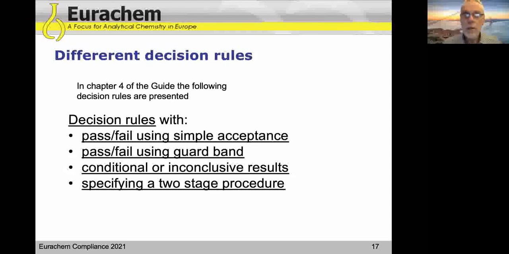This can, in many cases, be very good to have, but of course you may need to do something else. And that can also already be defined in a two-stage procedure, where you do a screening and then a second analysis.